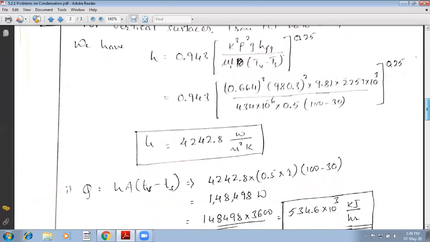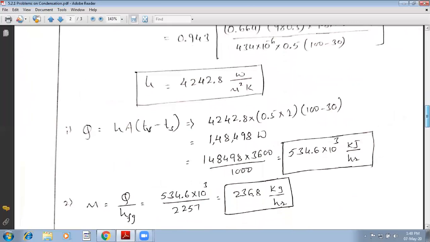Once we know the value of H, we can easily calculate the heat transfer, which is given by Newton's law of cooling, Q is equal to HA into TV minus Ts. Now H value we have obtained here.